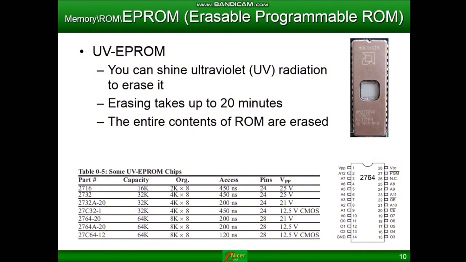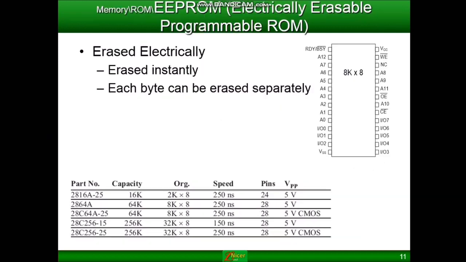Down there we have a table, and it gives some different models of EPROM, along with their capacity or organization, access time, pins, and the power supplies. Then comes EEPROM. It is abbreviated as electrically erasable programmable ROM. The advantage of this is that we do not have to remove the ROM from the device.